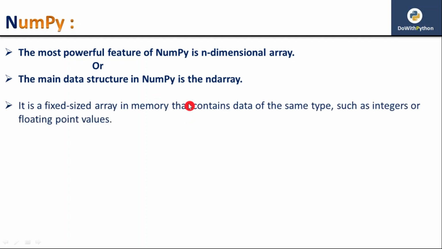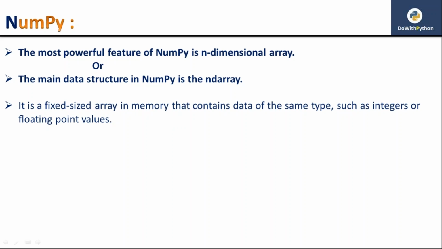Now, an array is a fixed-size array in memory that contains data of the same type, such as integers or floating point values. That means if you are creating an array with some values, all values in your array must be of the same data type, either integer or floating point.